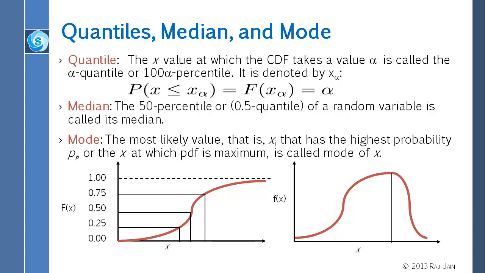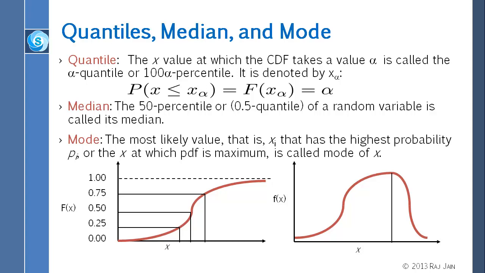That is basically the value at which the cumulative distribution becomes alpha. So this is our cumulative distribution. If we draw a line at 0.75 and we read the value of x, at that value, 75% of the values are less than that value.